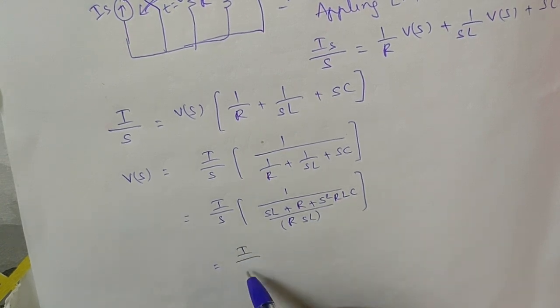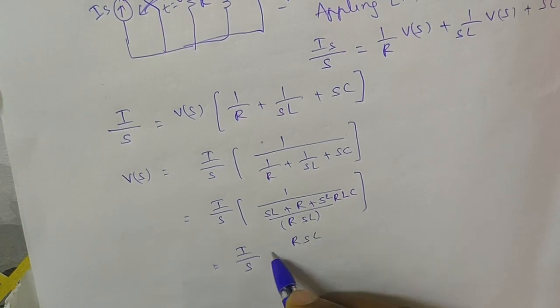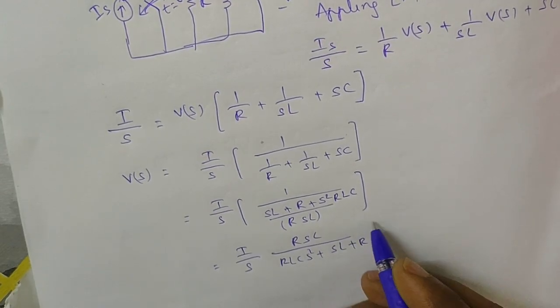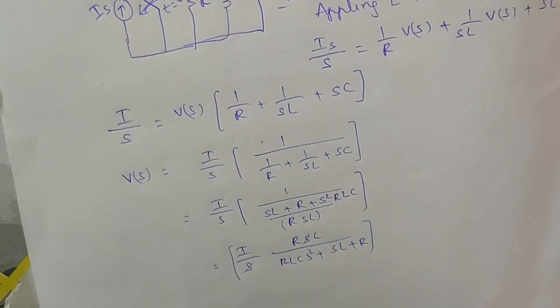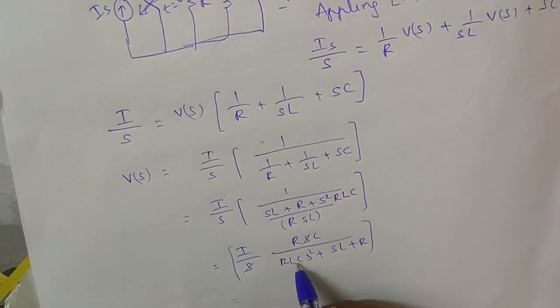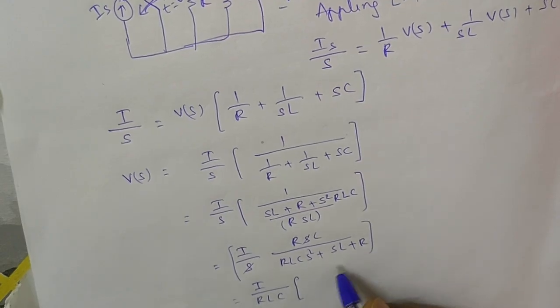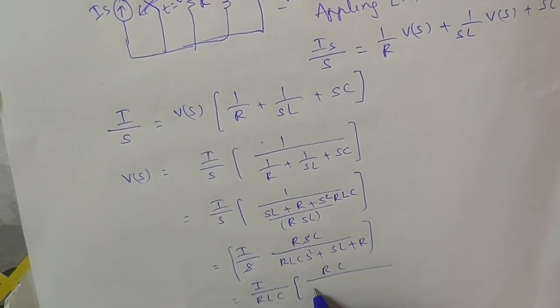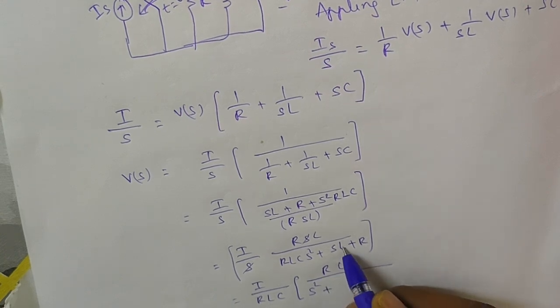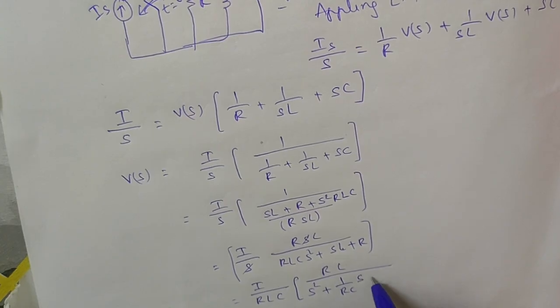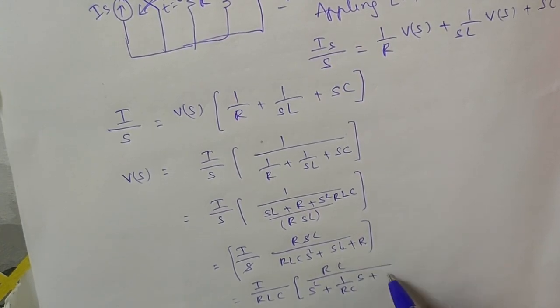This L will go to the top, that is RSL by RLC. We will write S square plus SL plus R. Here the S terms will be cancelled out, and if you take RLC as a common factor, then RL on the top, S square plus, here already one L is there, so the remaining terms are 1 by RC into S plus, here R is there, so 1 by LC.